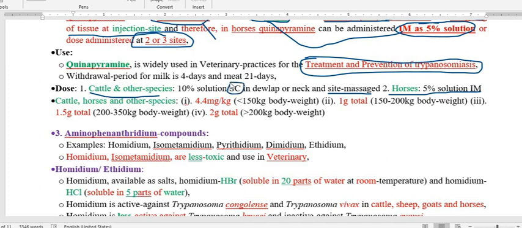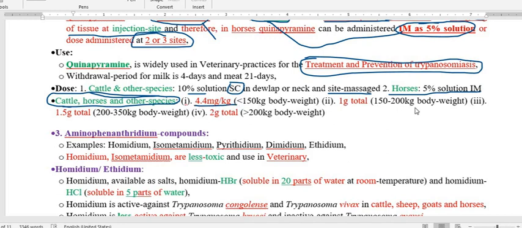For the horse, we use a 5% solution intramuscularly. For cattle and other species we administer 10% subcutaneously. This is the strength of the solution.